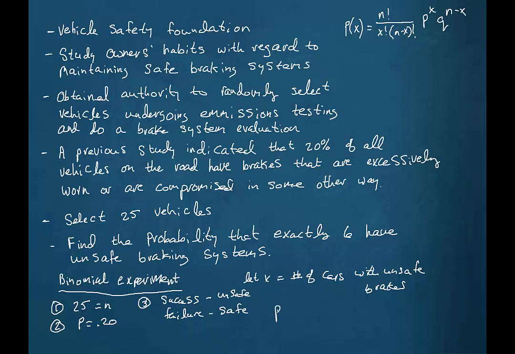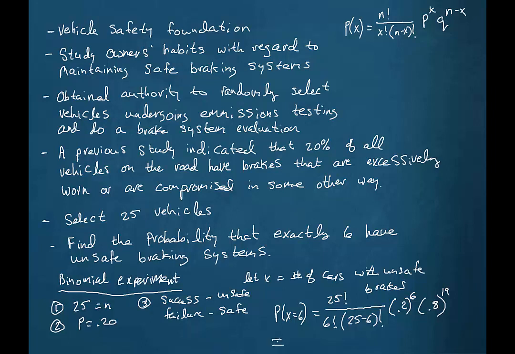So the probability that x would equal 6 would be 25 factorial over 6 factorial times 25 minus 6 factorial times 0.2 to the 6th power times 0.8 raised to the 19th power.